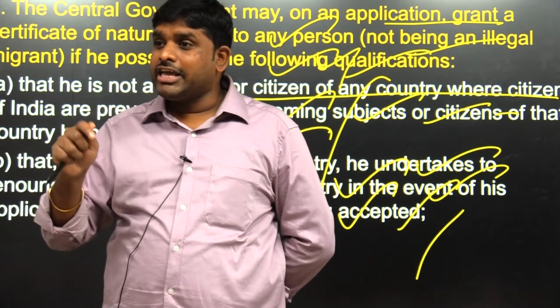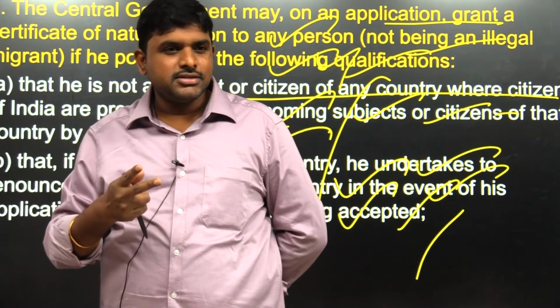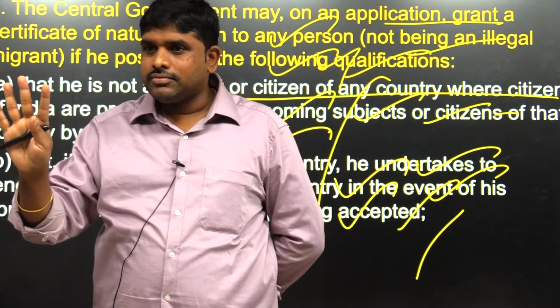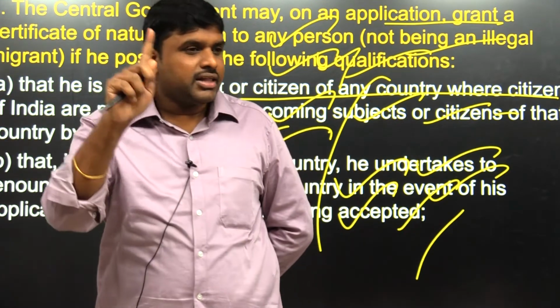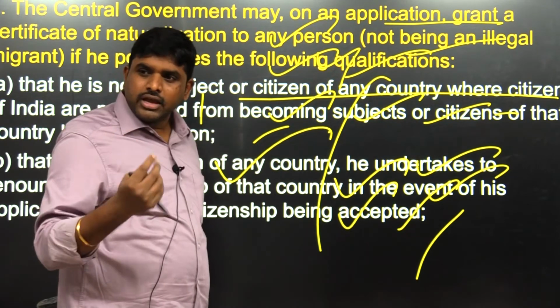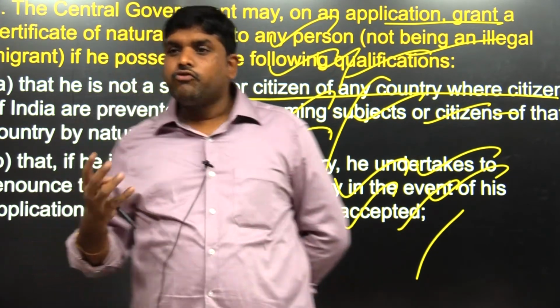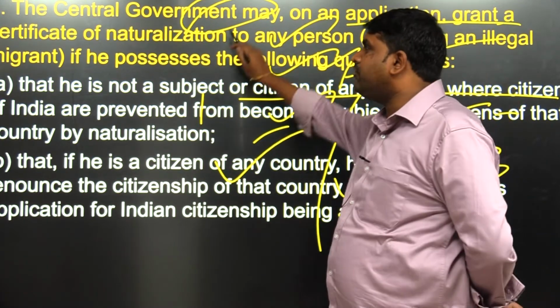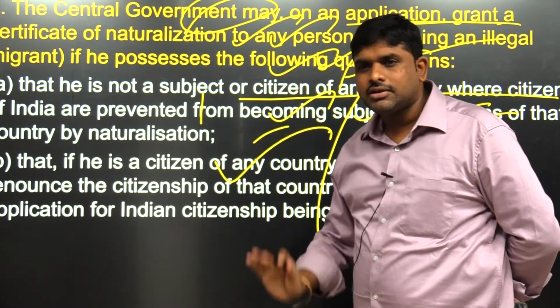Second is what? I will give, but you should leave that. Second condition. So, not both compulsory. If he satisfies any one, he will get the citizenship. Either this or that, not both. Fourth condition: the central government on any application grants a certificate of naturalization to any person.